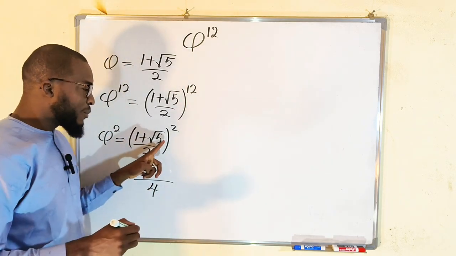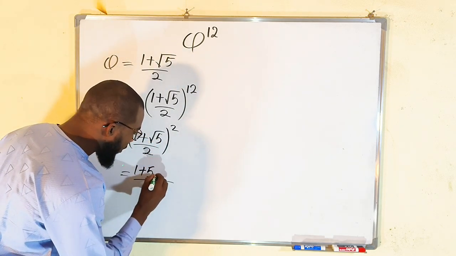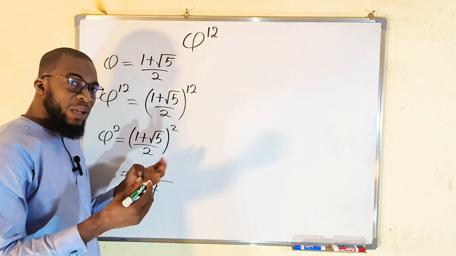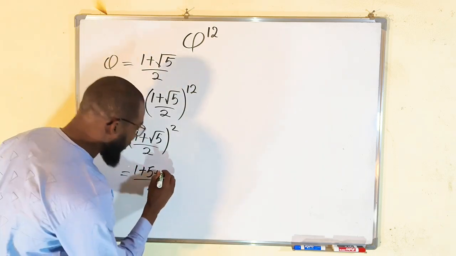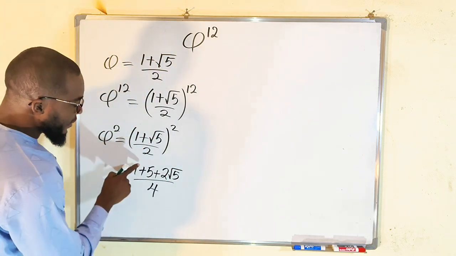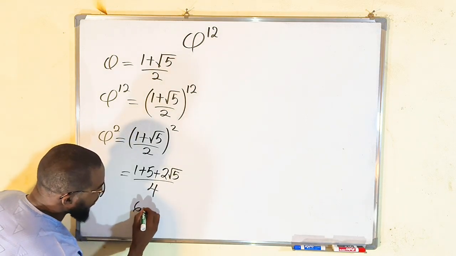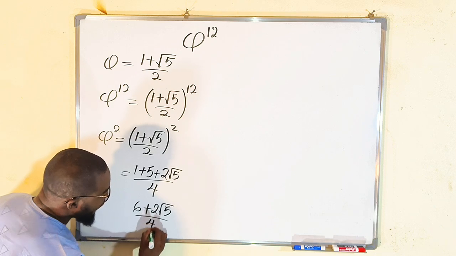Plus the second term squared, square root of 5 squared is 5. Then plus 2 times the first term times the second term, according to binomial expansion. 2 times 1 is 2, and 2 times root 5 is 2 root 5. If you simplify this, you have 1 plus 5, which is 6. So this is (6 plus 2 root 5) divided by 4.